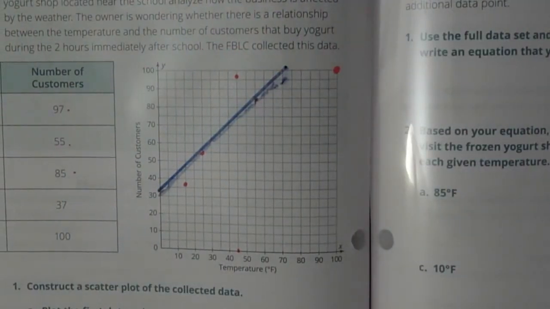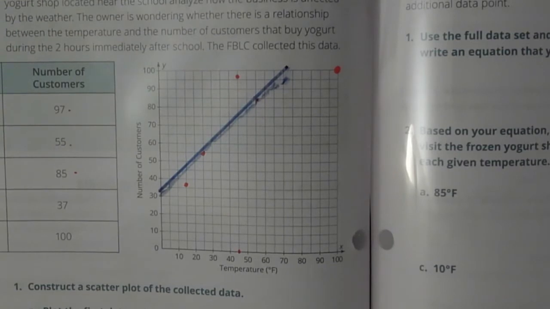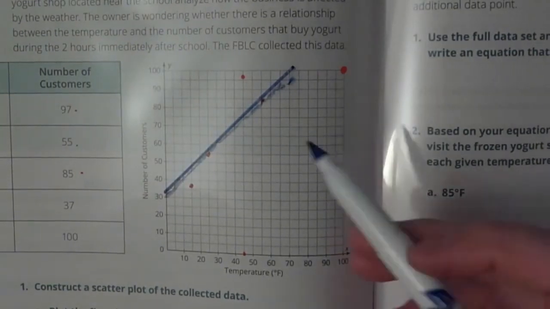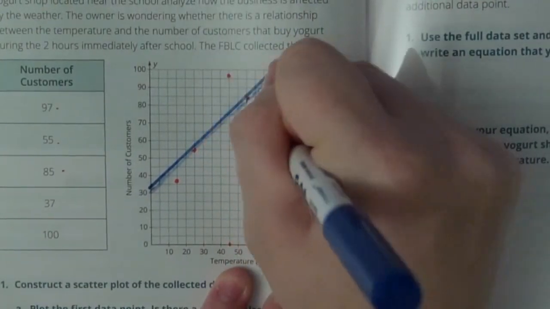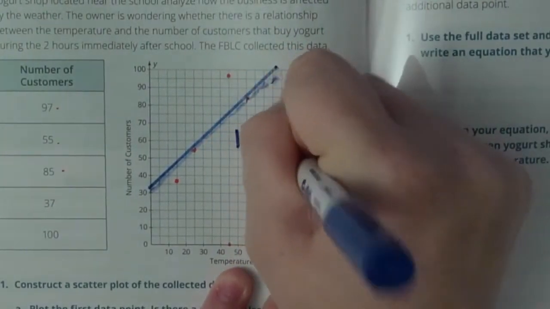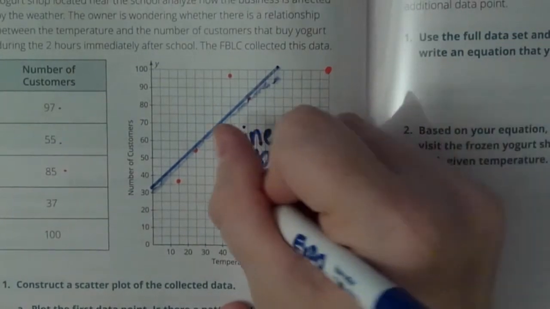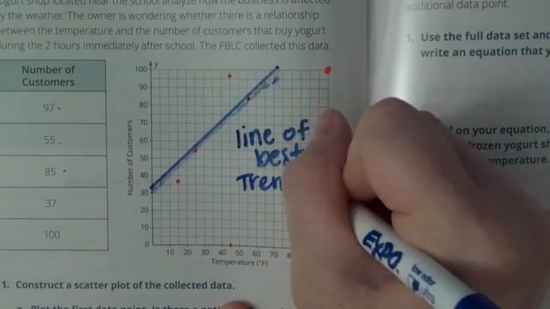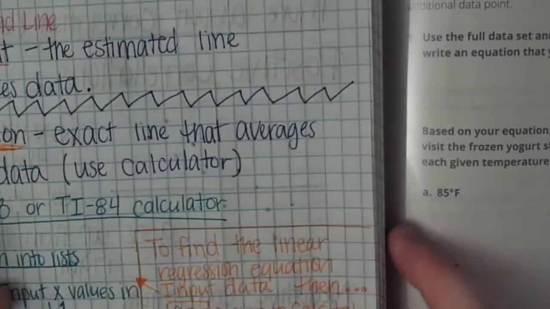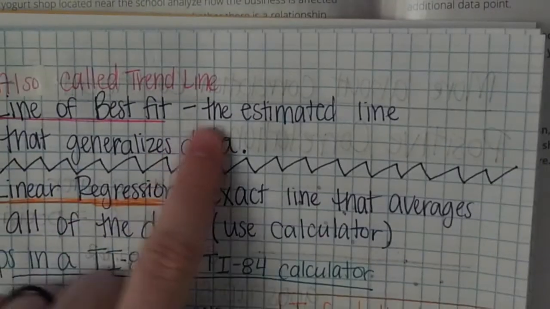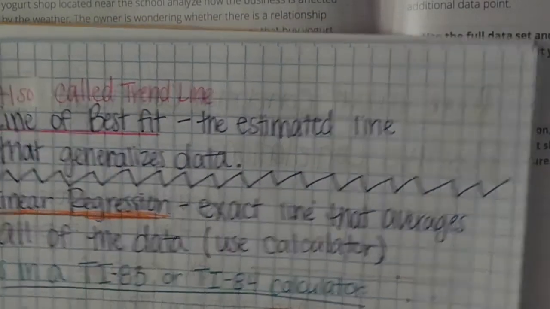It kind of smeared, but that's okay. You guys won't judge me. This is called the line of best fit, sometimes also called the trend line. If you paused the video and took those notes, you would know the line of best fit is the estimated line that generalizes the data.